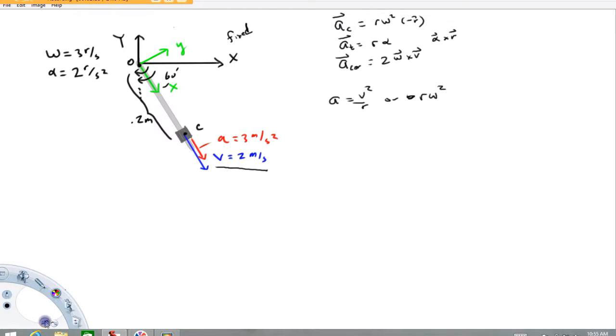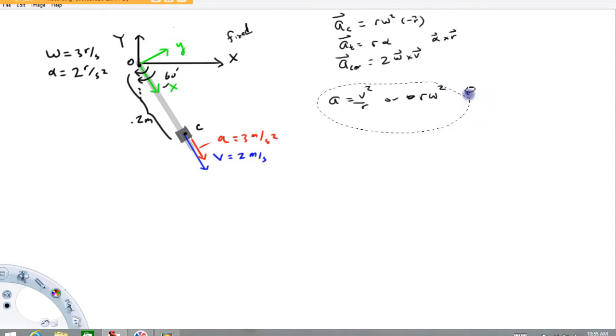The collar is moving on the bar with a velocity v, as the bar is rotating, and this angular velocity is going to be changing the direction of this blue velocity vector. That gives what's called a Coriolis acceleration. Coriolis accelerations are calculated as twice your angular velocity crossed with your velocity vector. So all of these accelerations are relevant here, I believe.